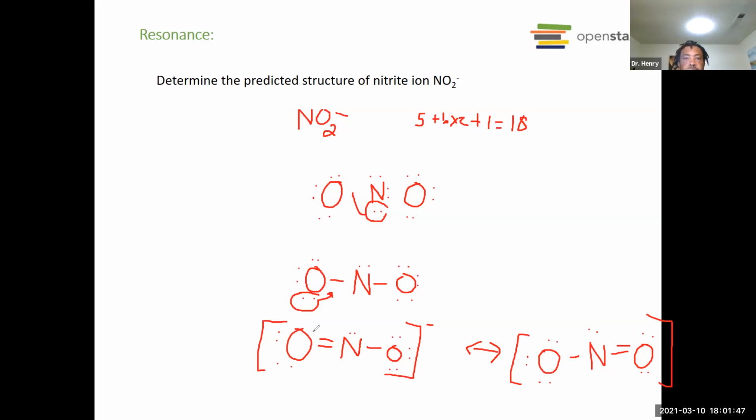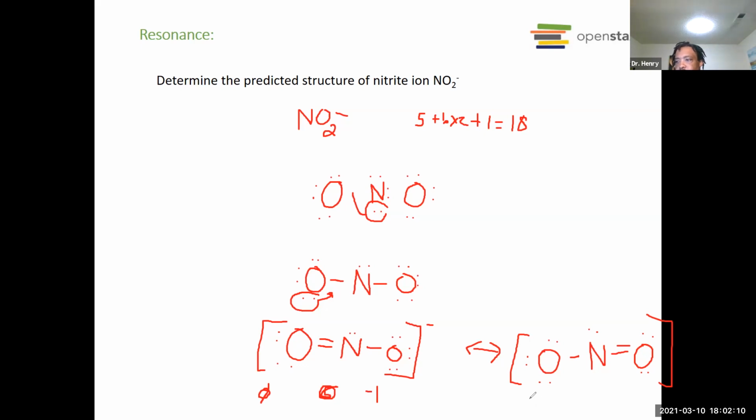So if we do formal charges, this oxygen here is going to have a 0 formal charge. This nitrogen is always going to have 5. This one is going to have a 0 formal charge as well. And this one is going to have a -1 formal charge.